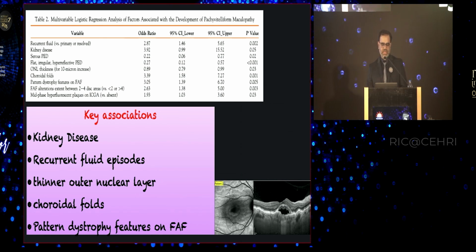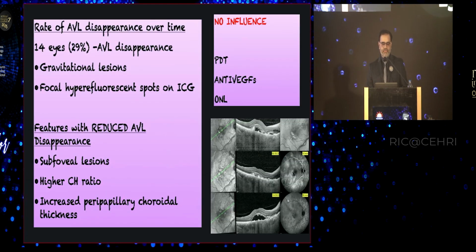Coming to some key associations which have been mentioned: these patients had kidney disease, where the chances of development of pachyvitelliform maculopathy can happen, recurrent fluid episodes, thinner outer nuclear layer, patients with choroidal folds, as you can see in the photograph, and pattern dystrophy features on FAF.